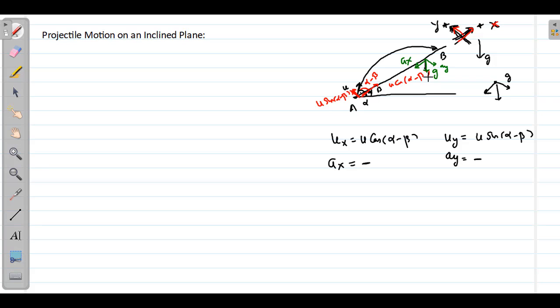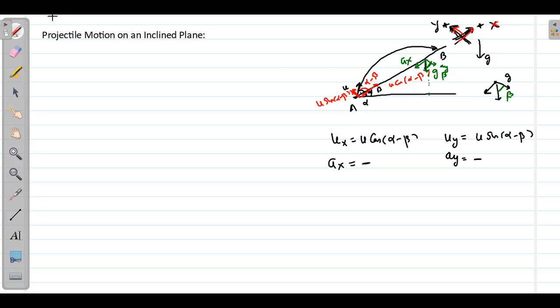It is a right angle triangle, so if this angle is beta, the other is 90 minus beta.